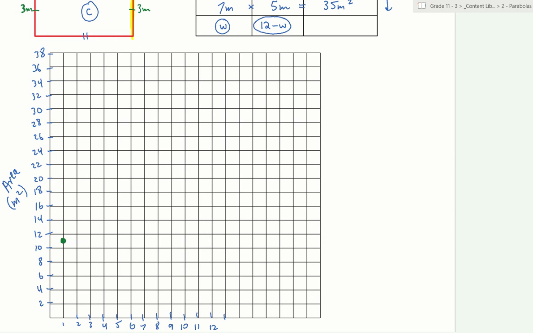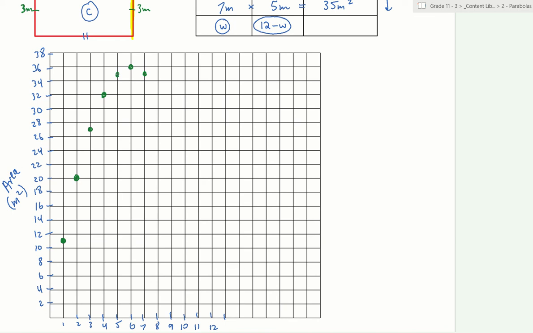When the width was 2, the area was 20. 3, the area was 27. When it was 4, the area was 32. When it was 5, the area was 35, so 5 comma 35. When it was 6, the area was 36. After that, it started going down. When the width is 7, the area is back down to 35.